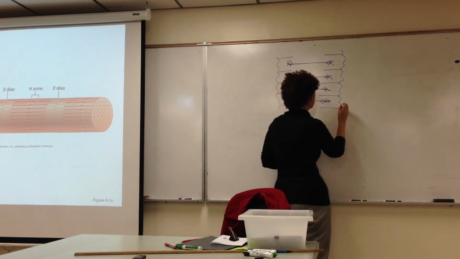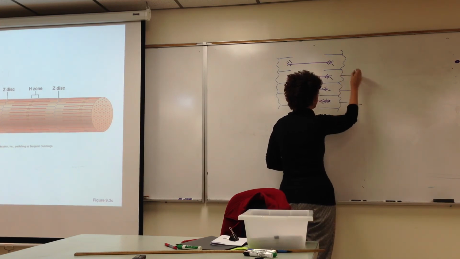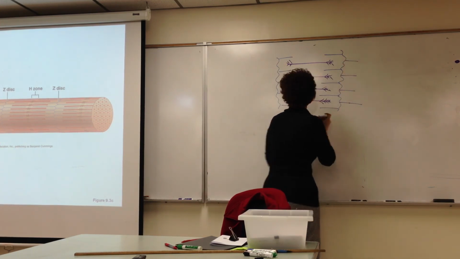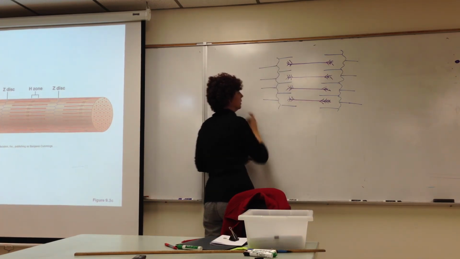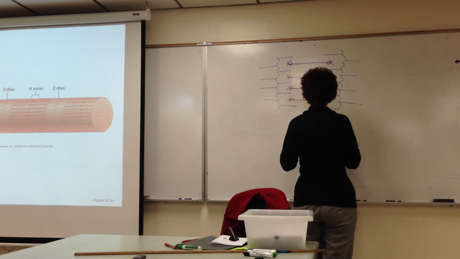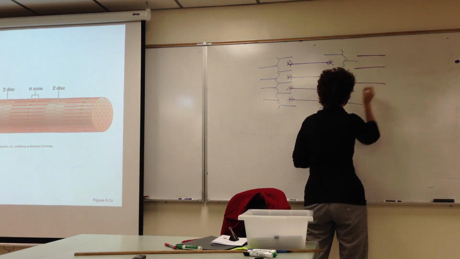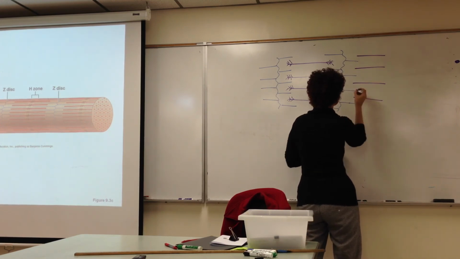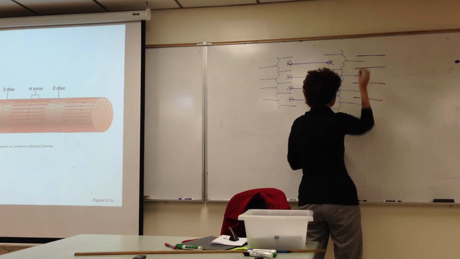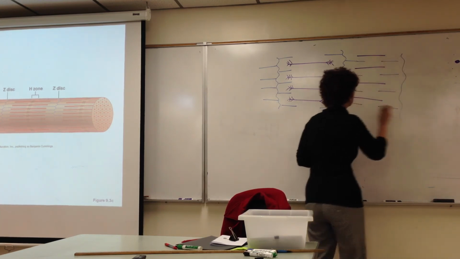And then we would have actin bound to the opposite side, overlapping the myosin as well.